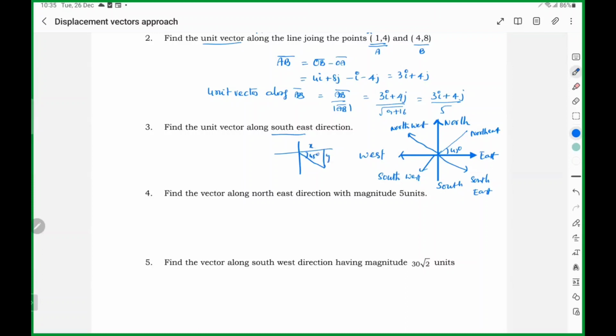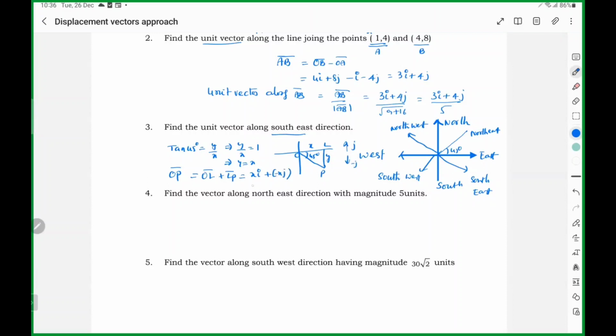Say the point is (x, y). Tan 45 will be y by x, so from here y is x. How do I represent the vector? OP bar is OL bar plus LP bar: xi, but LP is in this direction, so plus j, here it is minus j.